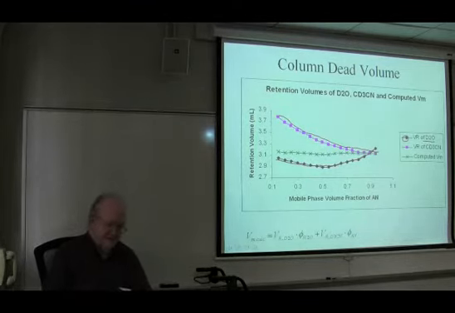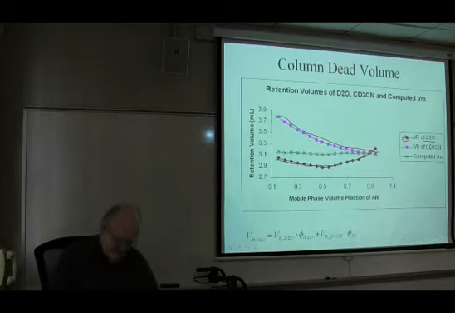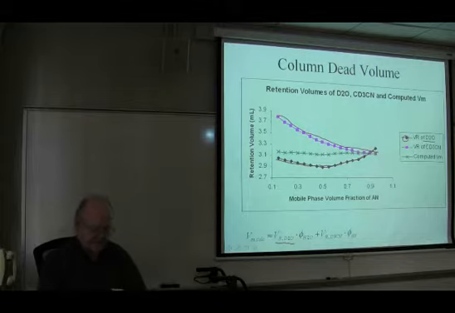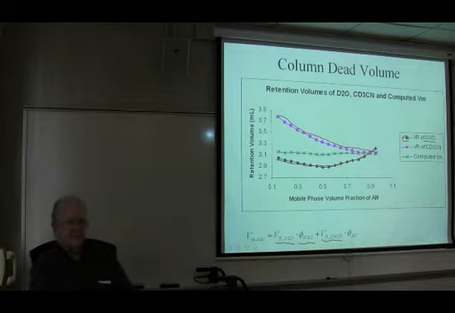Now there's a theory of adsorption that tells us if we take the retention volume of the deuterium oxide peak and multiply that by the volume fraction of the water in the eluent, and add to that the product of the retention volume of the labeled acetonitrile times the volume fraction of acetonitrile, the theory says that that should be a constant, and that number is your best estimate of dead volume of the column.